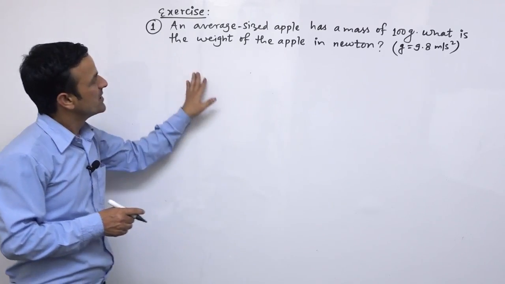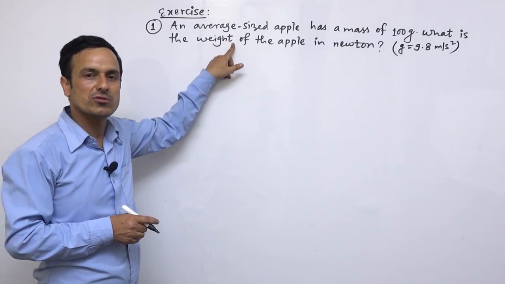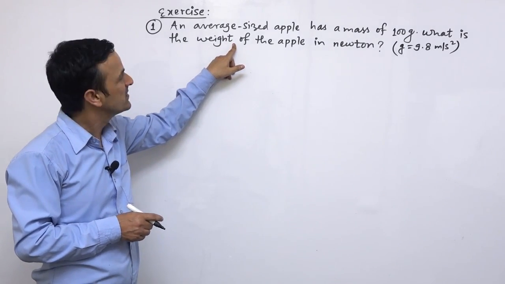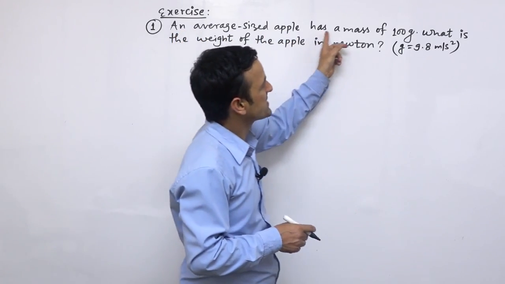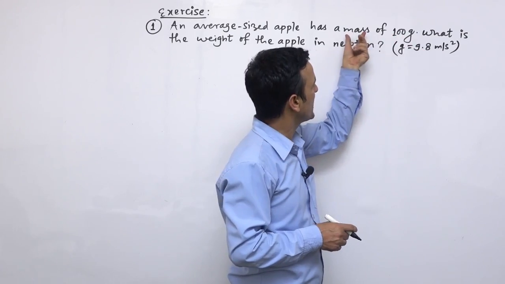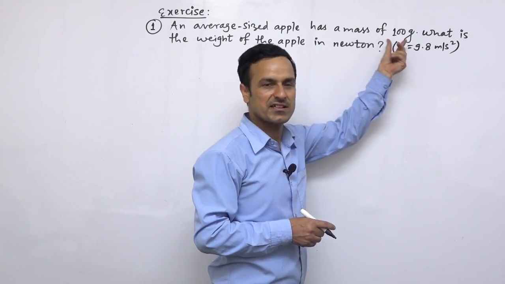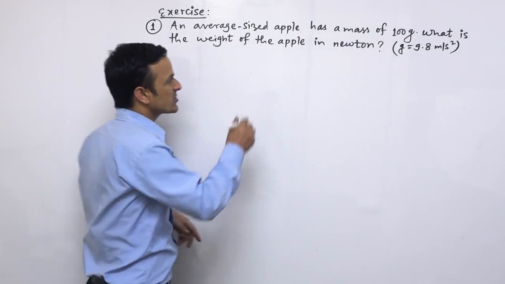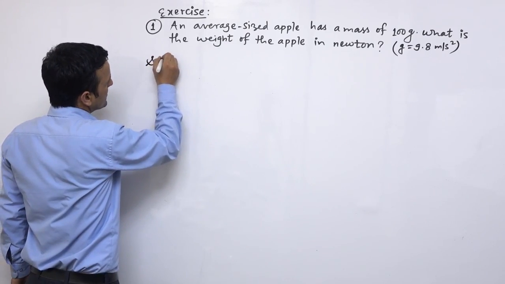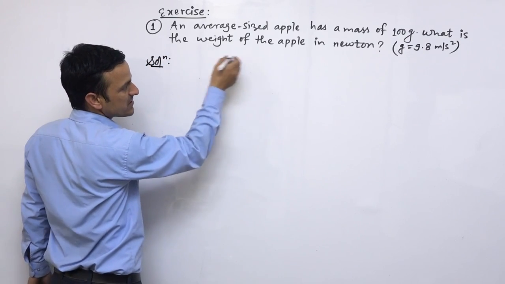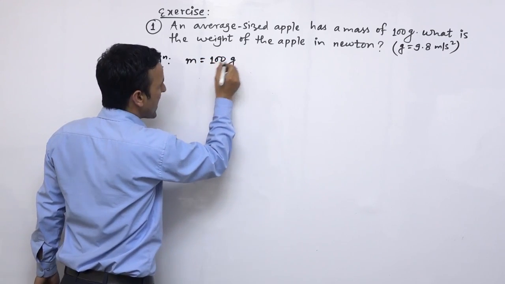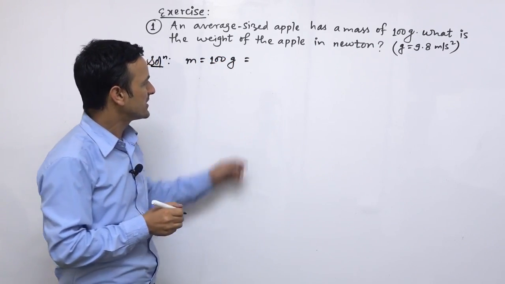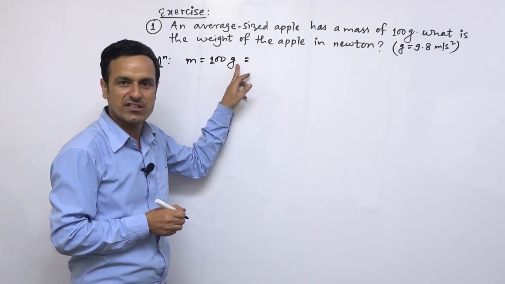Okay, so this is a question based on Newton's laws of motion. We can see an average sized apple has a mass of 100 gram. So let's pick out this information. Mass is given, which is 100 gram, but we know that mass is always expressed in kg.